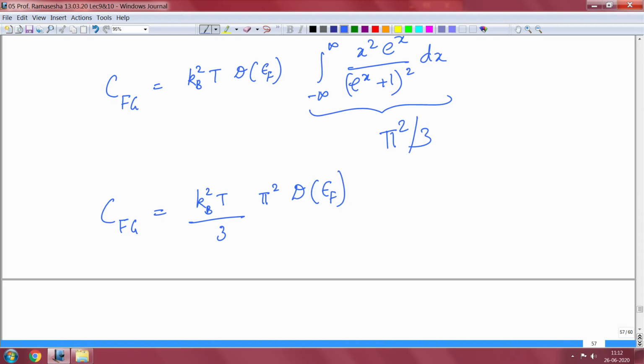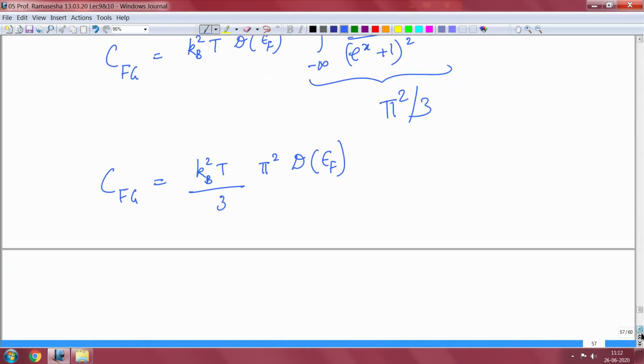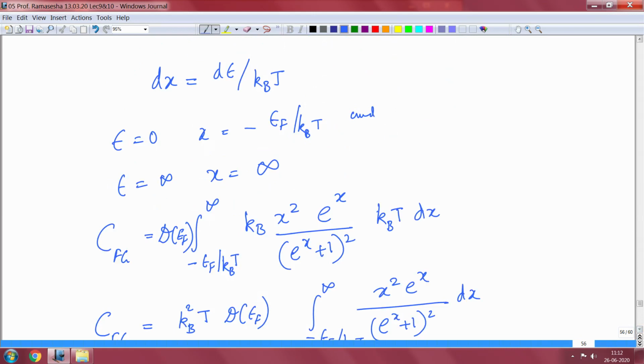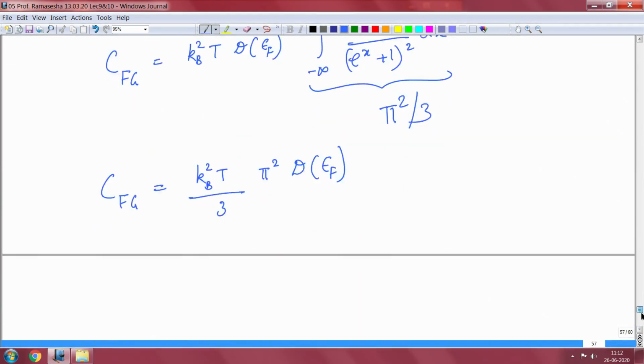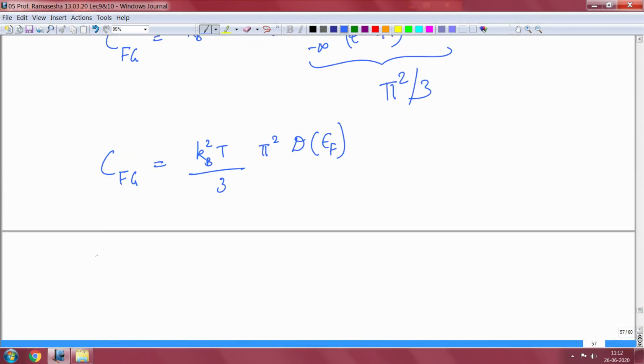Now we have already obtained an expression for the density of states at the Fermi level. The expression for density of states at the Fermi level is 3n divided by 2 kBTF.